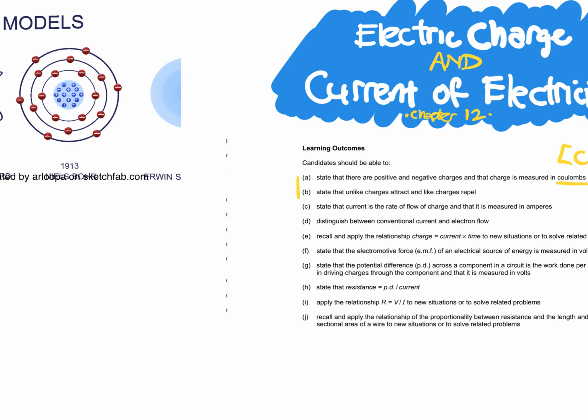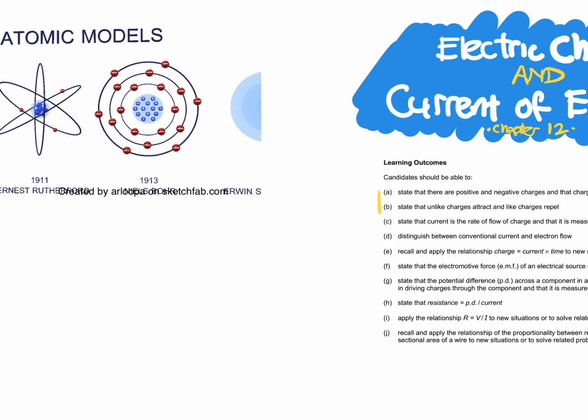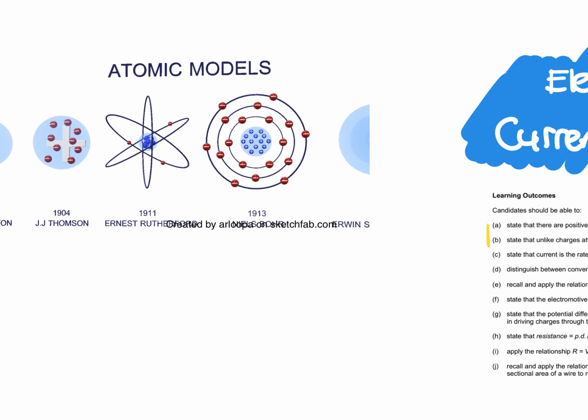Now, to be very clear, what makes me negatively charged is the presence of more electrons than protons. In this case over here, you see there's an equal number of protons and electrons, right? So if I am to be negatively charged, it means that I have less protons than electrons.